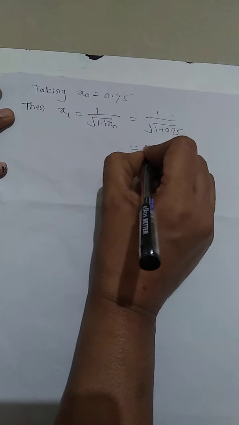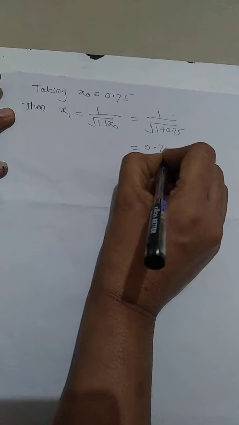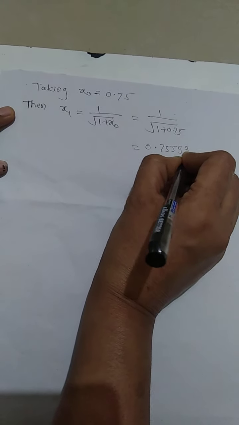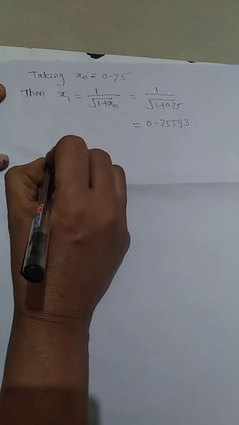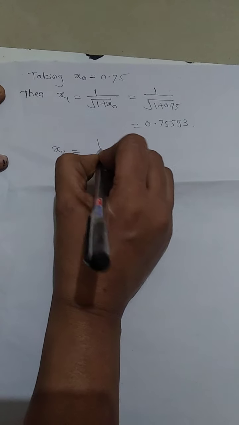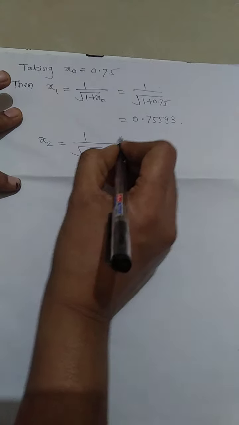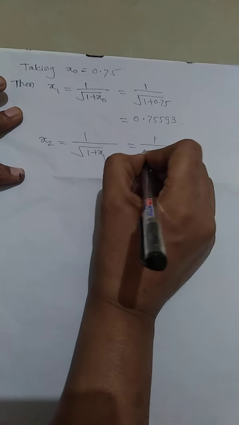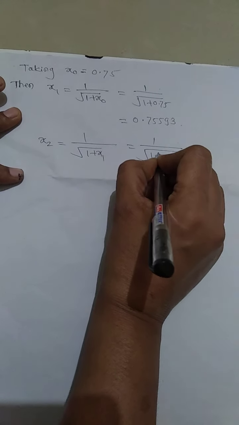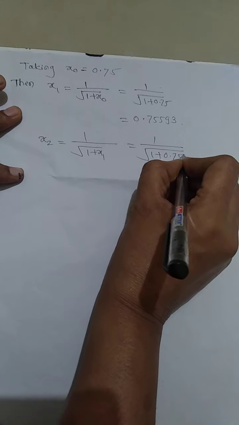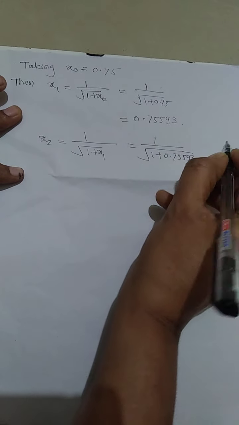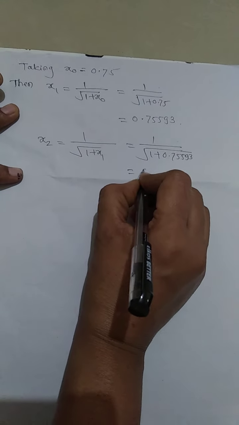After calculating, this value is equal to 0.75593. Then find x2. x2 is equal to 1 upon under root of 1 plus x1, and that is equal to 1 upon under root of 1 plus 0.75593.